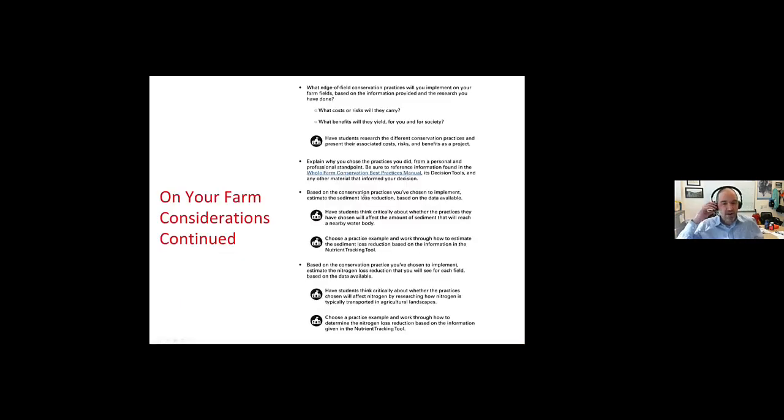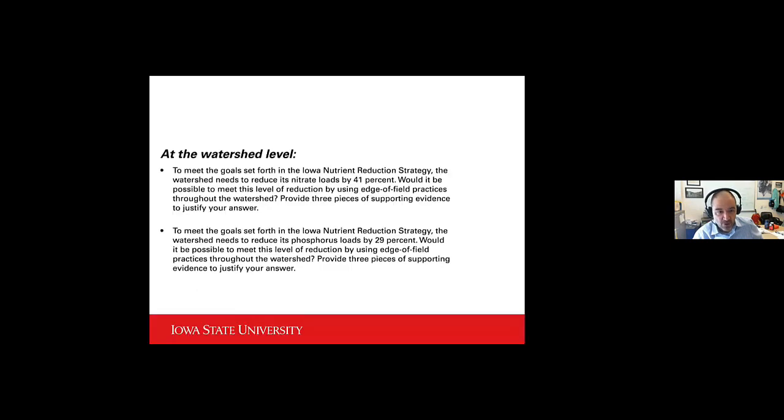Okay, and so there's a whole list of other farm considerations that could be considered as we're thinking about what practices we might put in on the land. And if somebody were using this for a class, in the more traditional setting, they might think about how this fits in at a watershed scale and how many practices we might need.